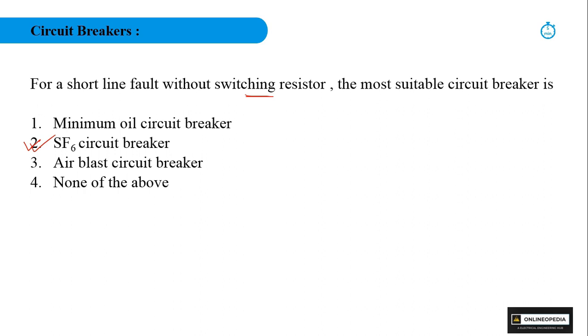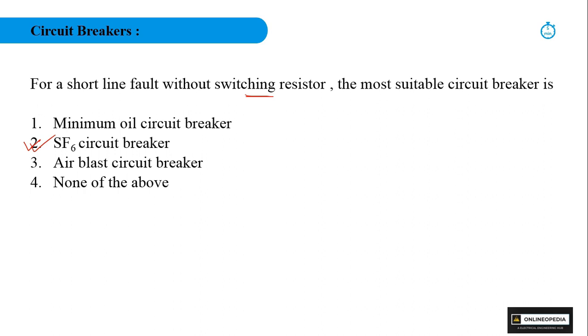Due to this, current chopping is prevented and capacitive currents are interrupted without restriking. So due to this reason, no switching resistor is required in these breakers. Hence, it is most suitable for short line fault without switching resistor.